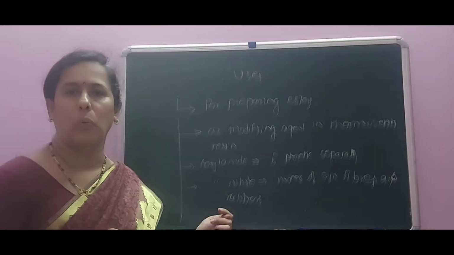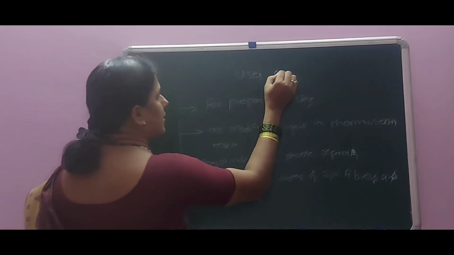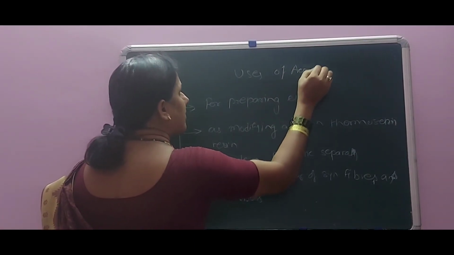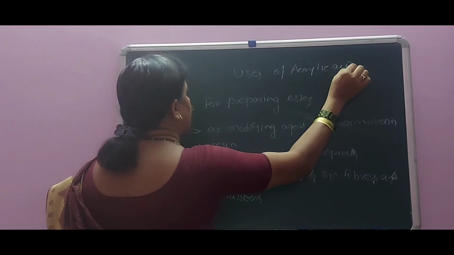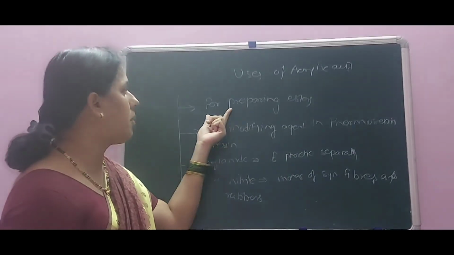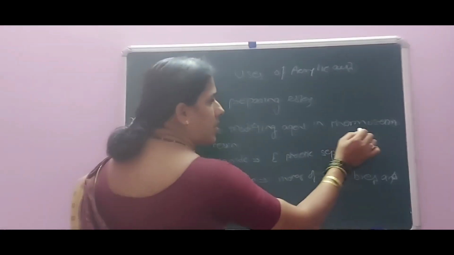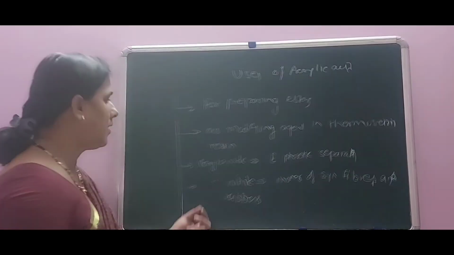Now, these are the uses of acrylic acid. Again, I am going to repeat them. For preparing esters. It is used as a modifying agent in thermosetting resin.